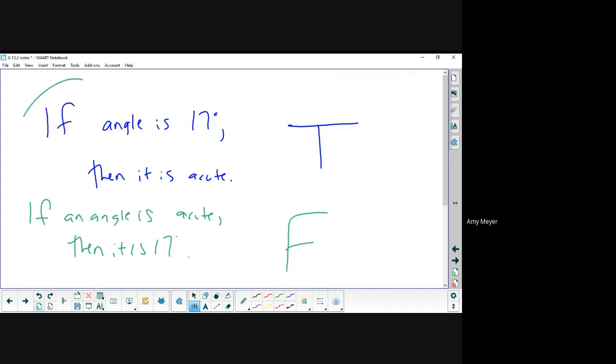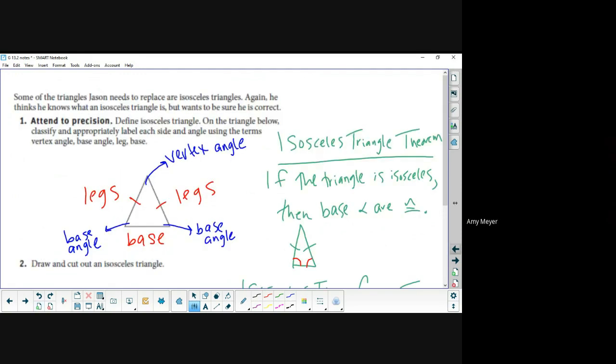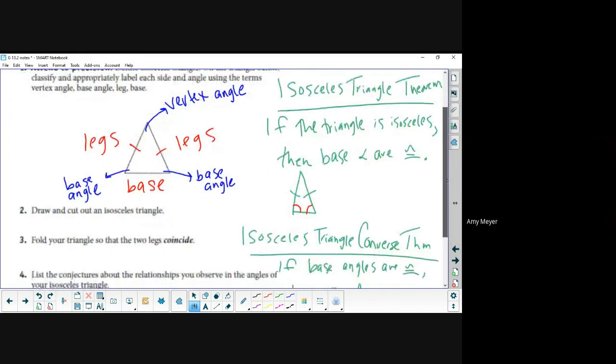Just because this statement is true doesn't mean when you do the converse, it's going to be true. If your book tells you, hey, you are allowed to flip it, then you know that it is true. So not in math can you always flip statements around, but this is one case where you can, so that's why your book draws attention to it. The if-then could be flipped and it's still true.